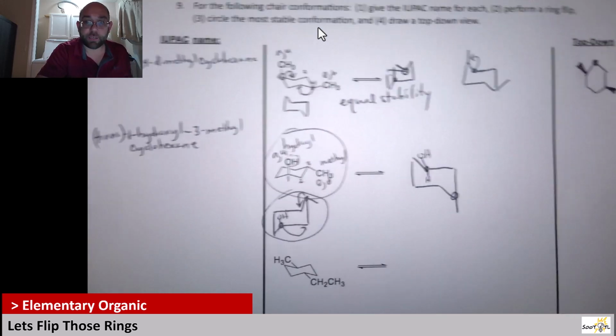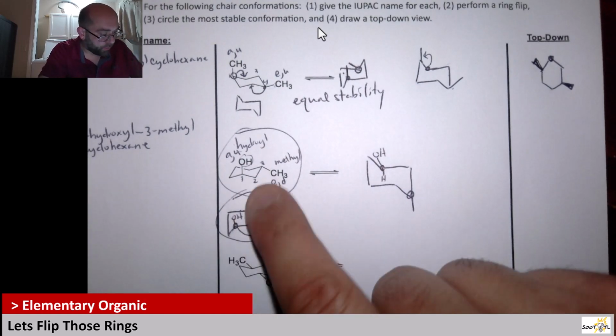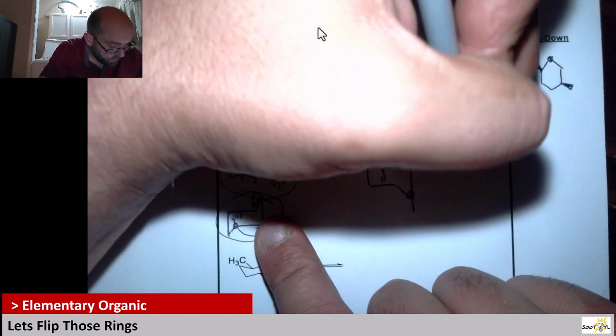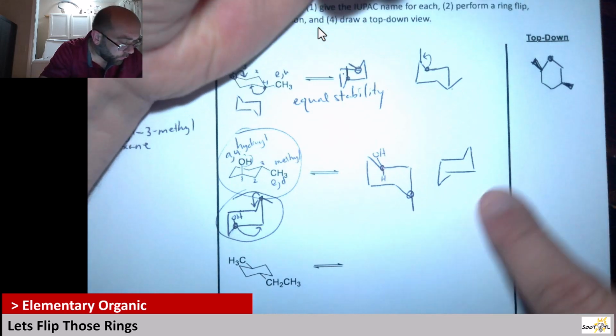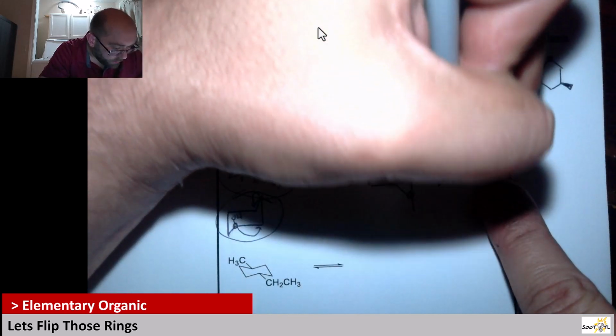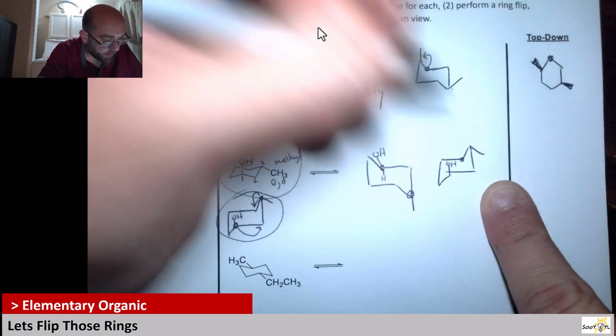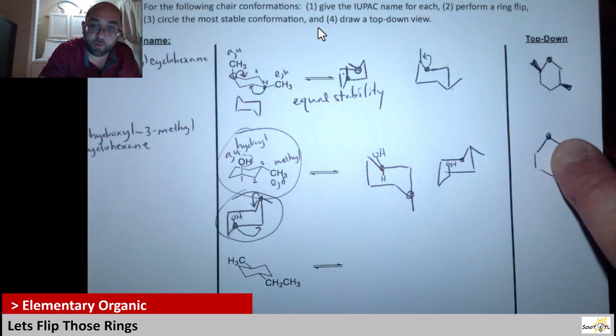Now, in terms of showing the top-down view, I'm going to redraw this again. When we redraw it, it was the methyl down and then the OH up. So I said, take that top middle portion and put a dot there. That's going to be the same thing as when you draw the hexagon. You're going to have that top middle dot right there.